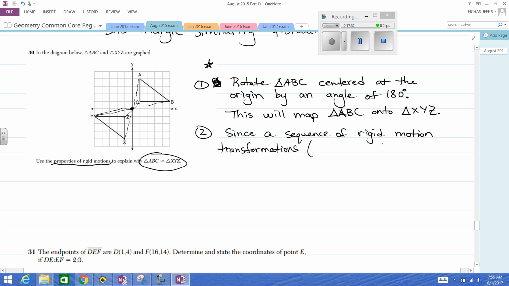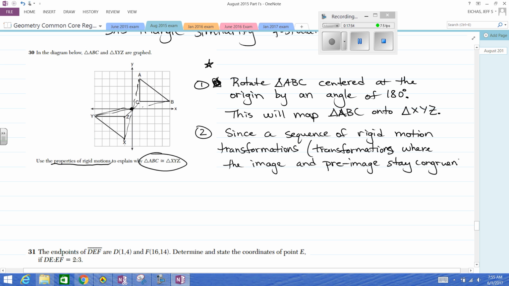Rigid motion transformations, it means transformations where the image and pre-image are congruent. So make sure you kind of understand that, express that, you know that.